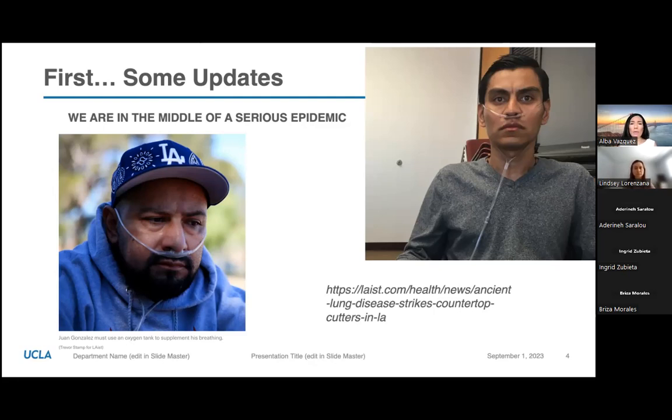What's happening out there is that, with our silica regulation, we've known about the issues of silica dust for a long time, since the 1700s. And then in the 1930s here in the United States, there was a full report on what silicosis is and how to prevent it.